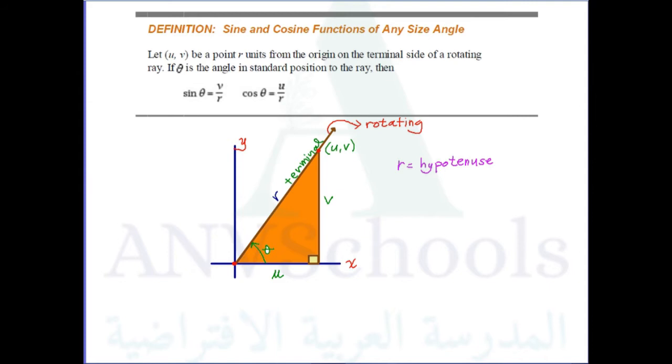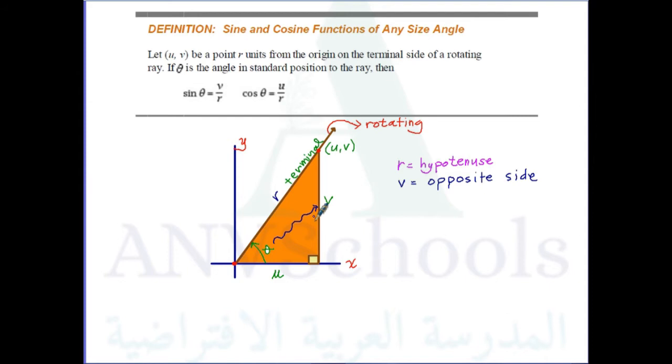So r is our hypotenuse, or the longest line of the triangle. And then what else? Our v is our opposite side. Opposite because it is opposite the angle. Am I correct? This is facing this. Therefore, v is the opposite of the angle theta. What else?